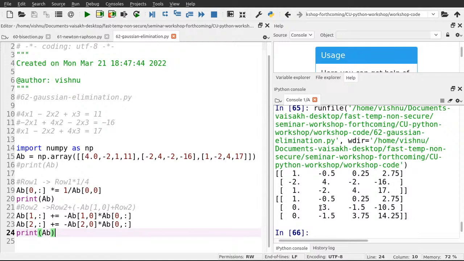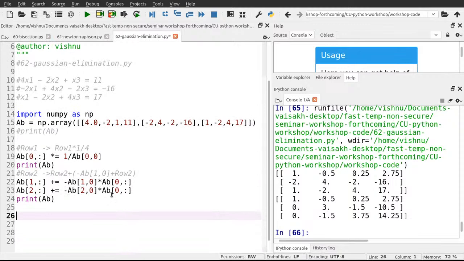Now, in the next step, we have to eliminate the minus 0.5 and minus 1.5, leaving this 3. And of course, we need to multiply this entire row with 1 by 3 so that this will become equal to 1. Now the same procedure we are going to repeat. This is the next procedure that we are going to see. Let us try to automate it afterwards.